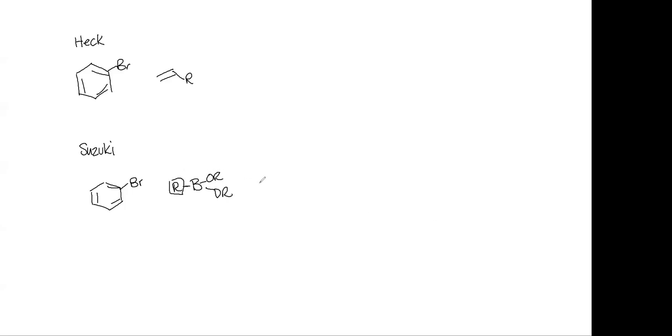Then I'm going to couple using the palladium, usually on carbon, and the potassium carbonate, K2CO3, and water. You're going to couple the benzene ring to whatever R group was on the boron. So the question is, how do you make this? How do you add the R group to the boron?